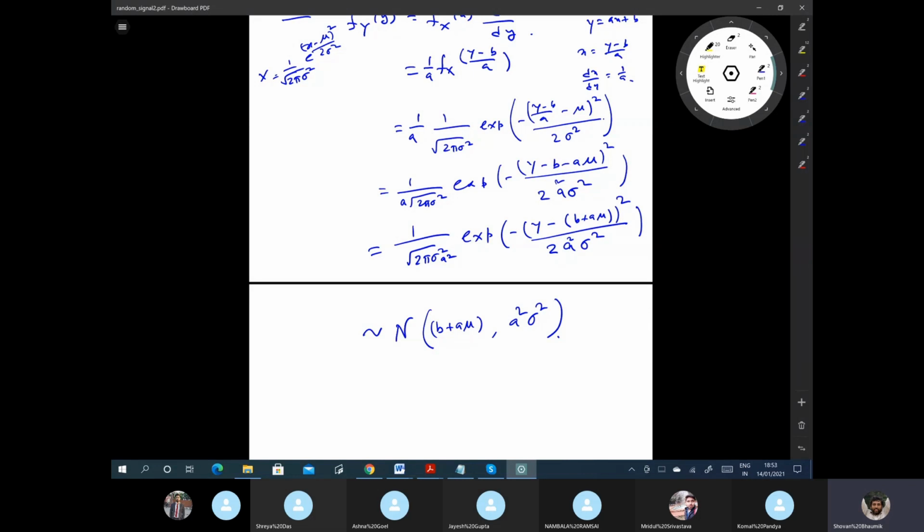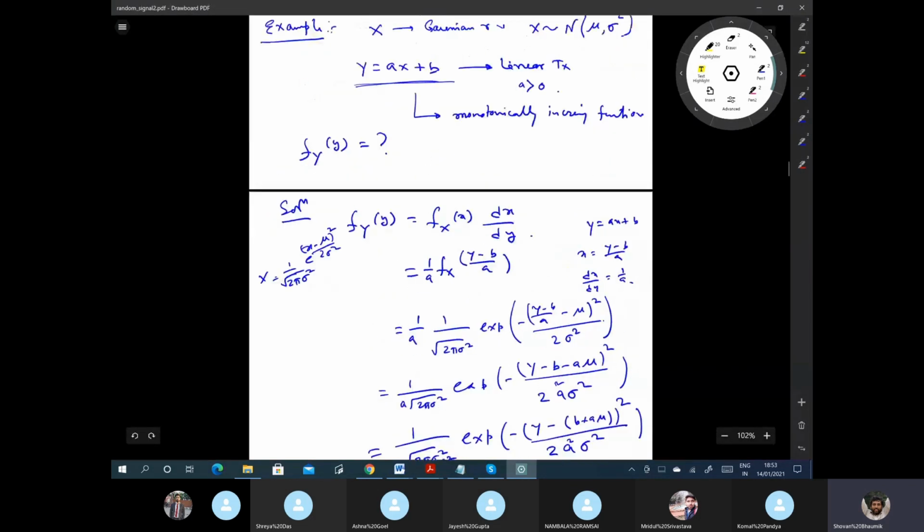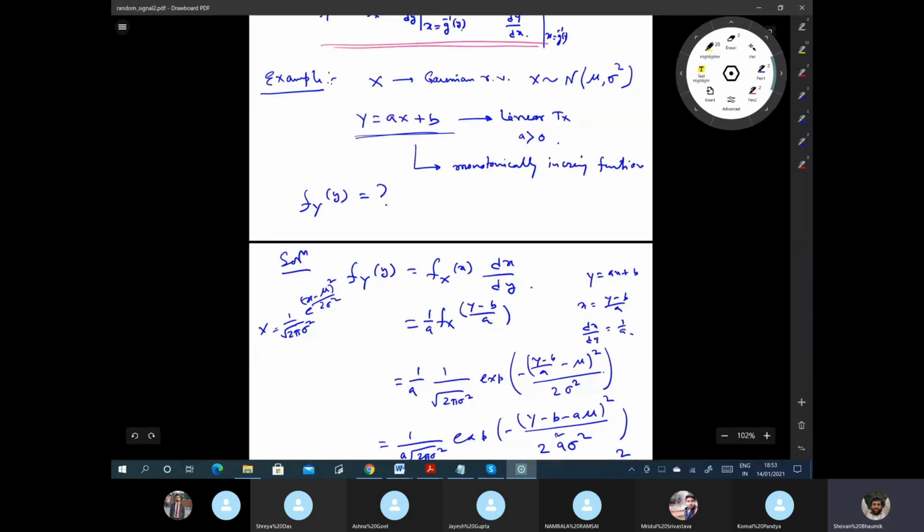So it will remain a Gaussian random variable, but if the transformation is not linear, it will not remain so. That will come in the next classes. Okay, so x is Gaussian, y remains Gaussian, but its mean changes and its variance changes. Is it fine to all of you? So this transformation is a very important thing. We will slowly cover this. For a monotonically increasing linear function, a Gaussian input gives a Gaussian output.